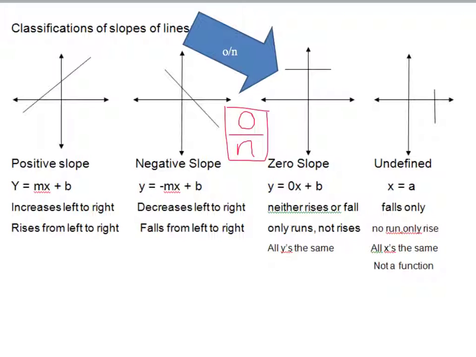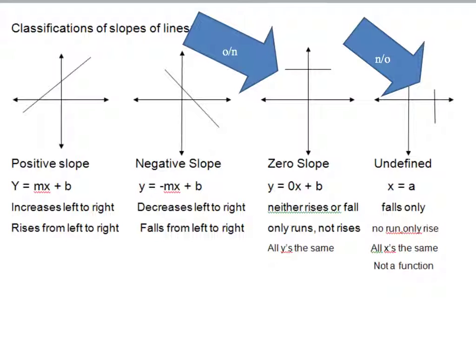That means it's on like Donkey Kong, and that's when you have a zero slope. Now when you have a number on top divided by 0, you cannot take any number and divide it by 0. It doesn't work. That's when you have an undefined slope, so that is no, undefined.